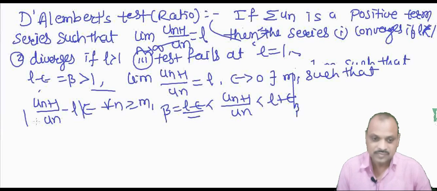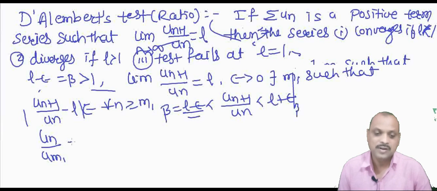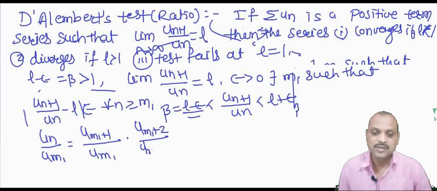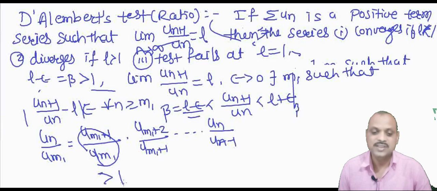Now similarly let us take u_n divided by u_(m1). We write it as u_(m1+1) divided by u_(m1) into u_(m1+2) divided by u_(m1+1) and so on up to u_n divided by u_(n-1). But this quantity is greater than beta, greater than beta, greater than beta. How many betas?